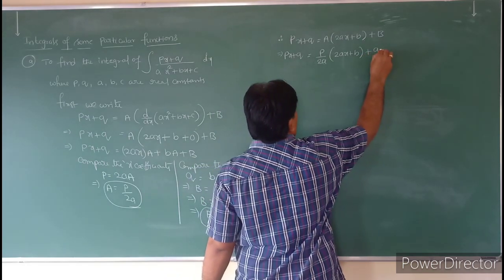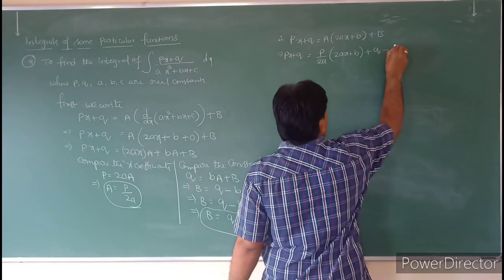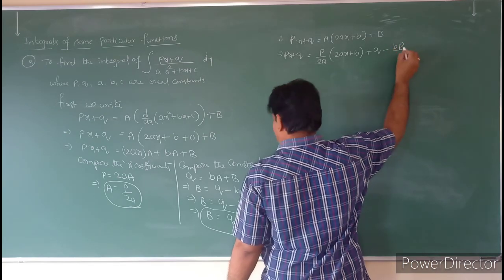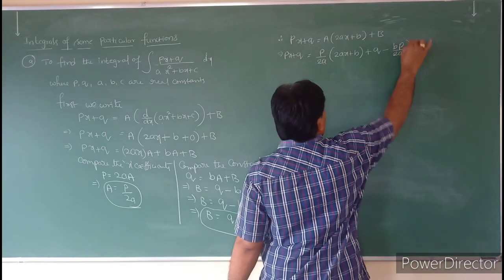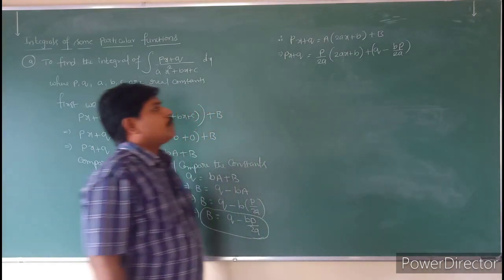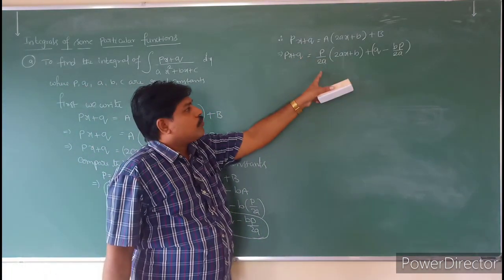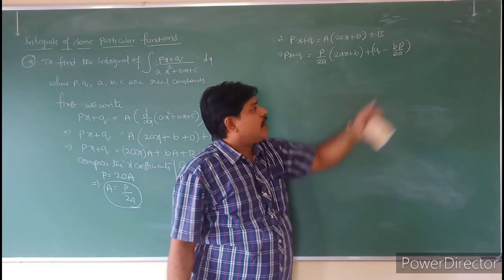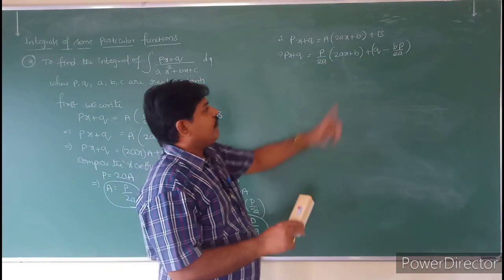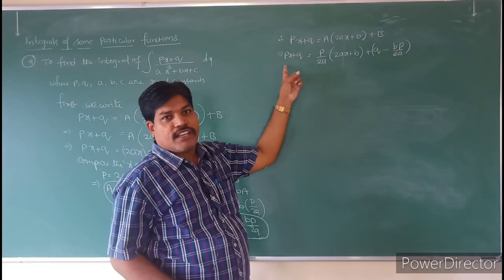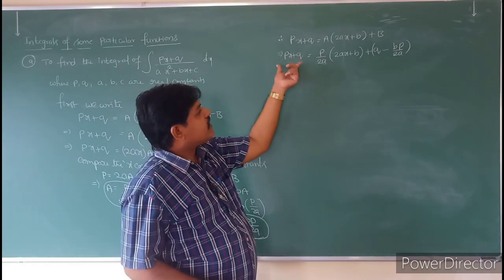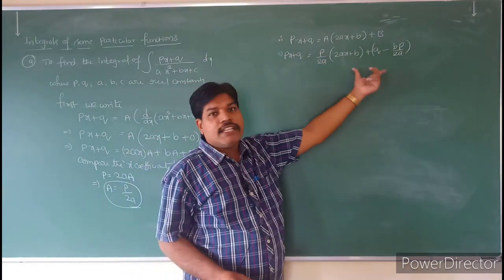B value is nothing but q minus bp by 2a. So px plus q is converted into the form of p by 2a into 2ax plus b plus q minus bp by 2a. If you simplify this, you will get this value once again. Are you understanding that? This px plus q I have written in this form.